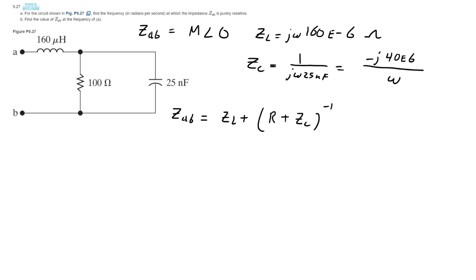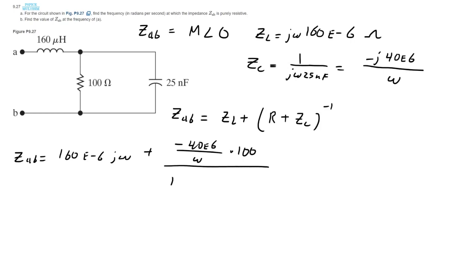So we're going to have ZAB, 160 J omega and minus 40 million over omega times 100 divided by, then put together as we're adding, you add a negative number, so that we subtract 40 million divided by omega.